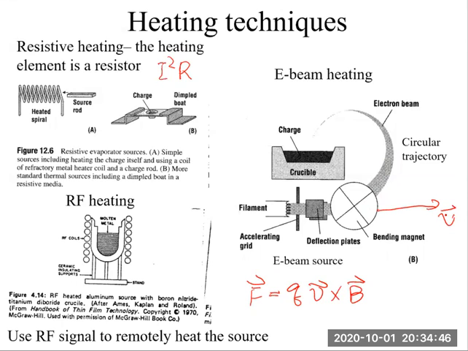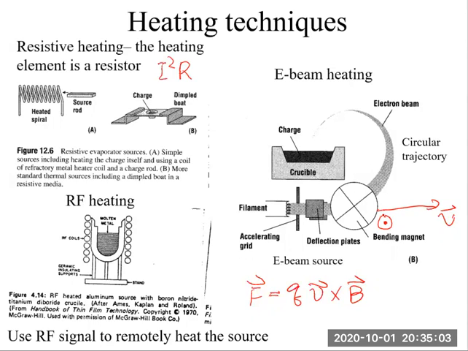So what's the direction of magnetic field B? It actually should be perpendicular to the screen and pointing out.